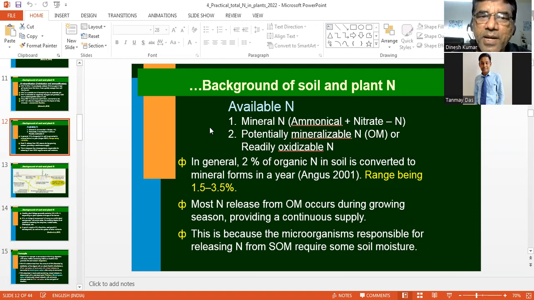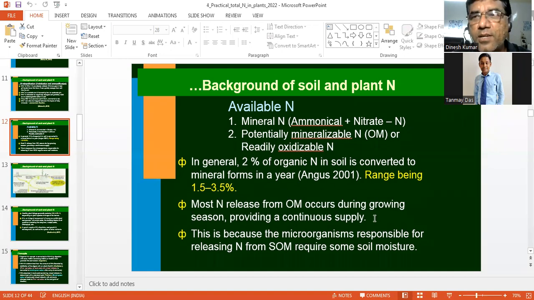So now you see some data about nitrogen. In general, 2% of organic nitrogen in soil is converted to mineral forms in a year, the range being 1.5 to 3.5%. Most nitrogen release from organic matter occurs during the growing season, providing a continuous supply.